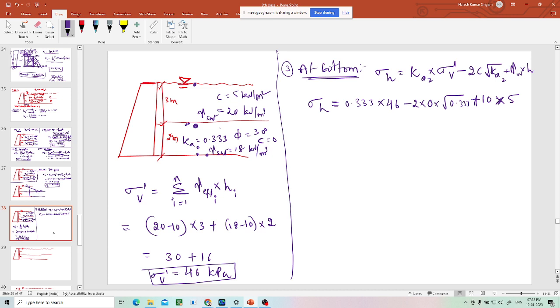Okay, now at the bottom, just tell me what is the value. It is 65.33. Okay, I got 318. Anyway, no issues. Total horizontal earth pressure is this much. Now you got the earth pressures at every depth, isn't it?